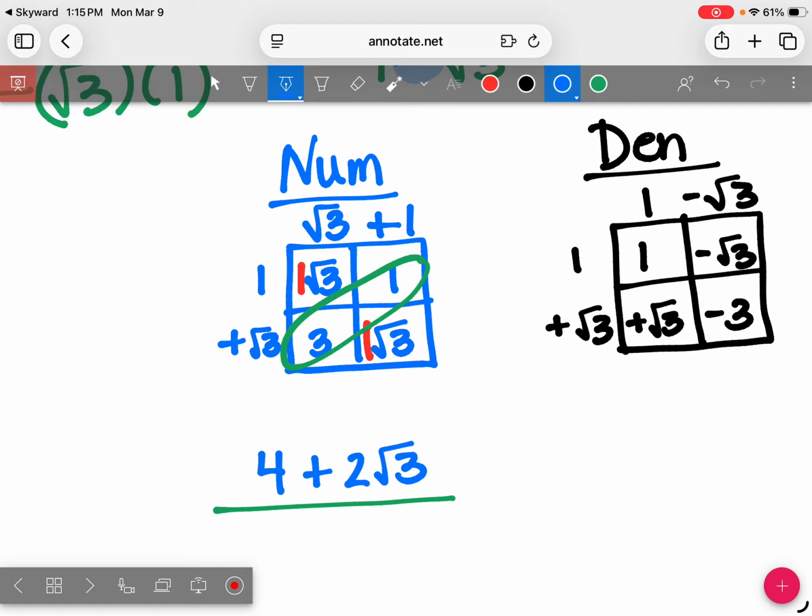In my denominator, the reason why we multiply by conjugates is so that these can cancel. Does everybody see how that goes away? So then that goes away. So what I have left is 1 minus 3. What is 1 minus 3?